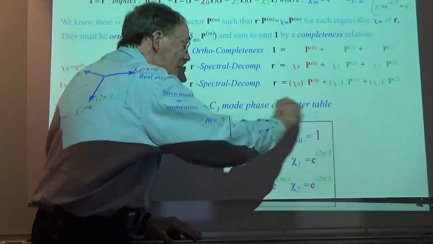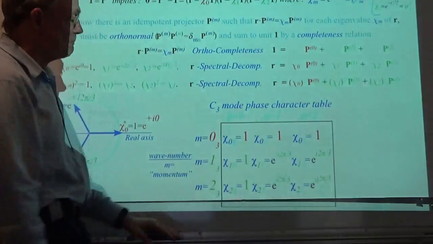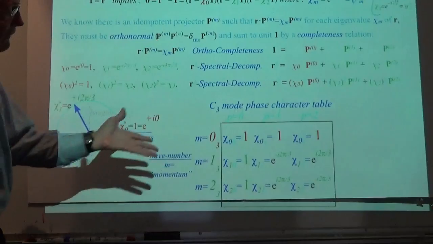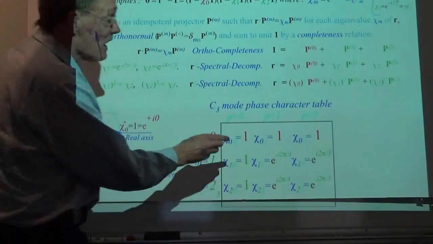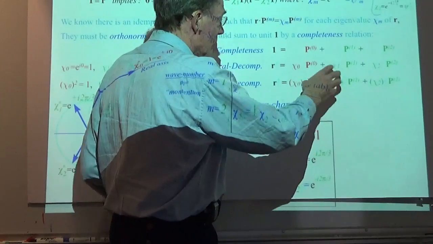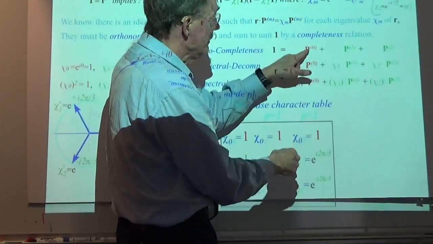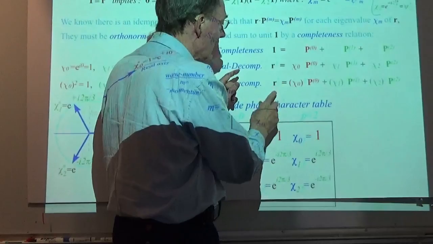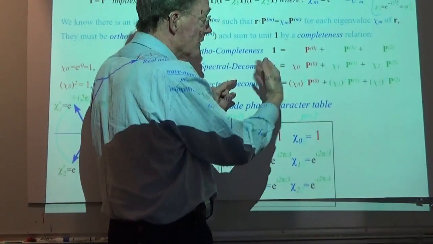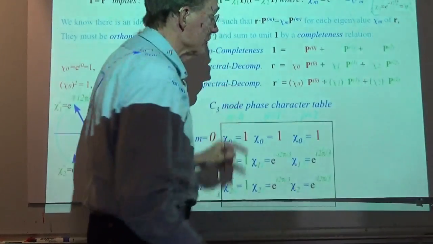So this is space, this is per space in the Fourier wave analysis. So now we're going to work with these numbers. And it's going to be the conjugates of these numbers that we actually look at when we invert and make P0 equal to some combination of r to the 0, r to the first power, r to the second power, and so on for each of the projectors.